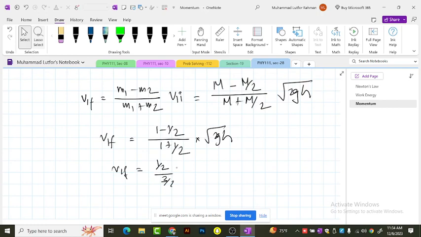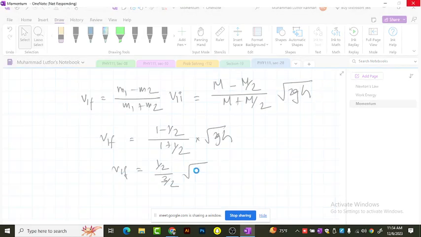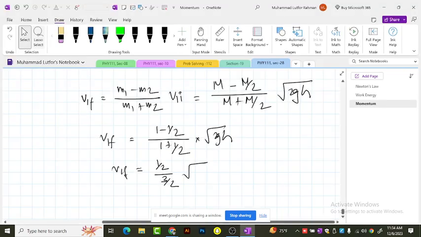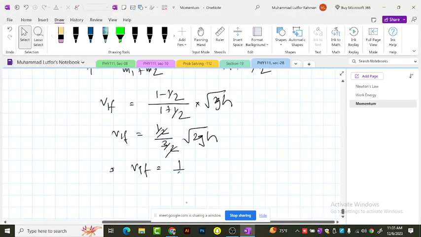I'll get actually that half divided by 3 by 2 into root over twice gh. You can neglect this 2, and you will find out this v1f would be simply 1/3 root over 2gh, right? This would be my v1f.